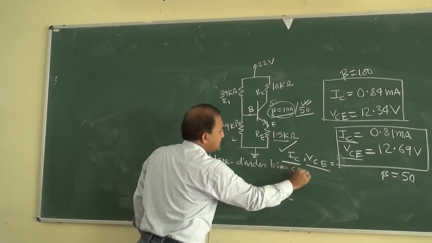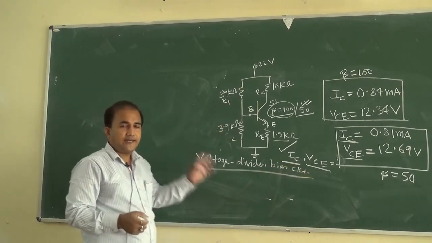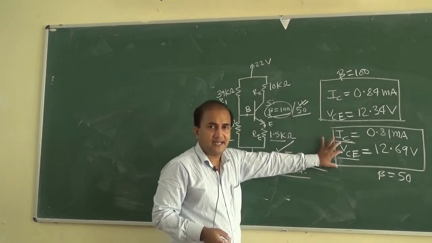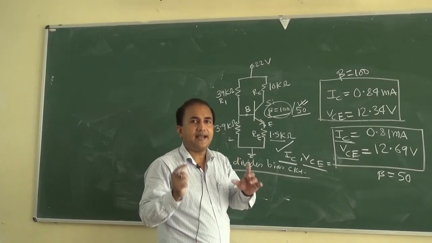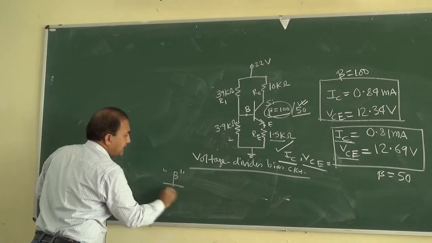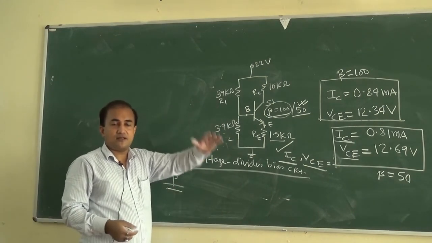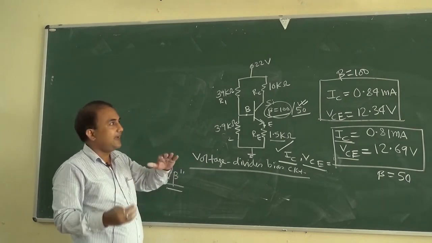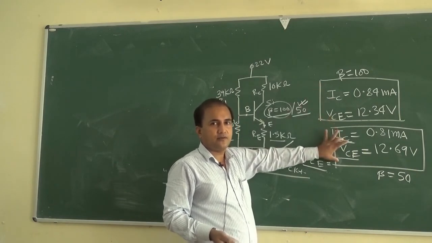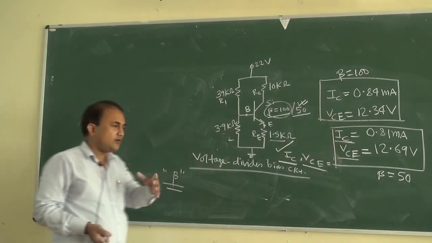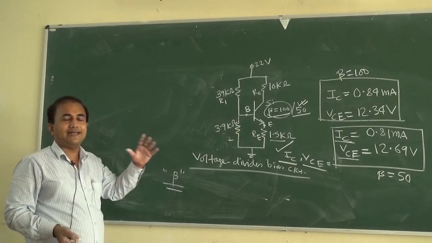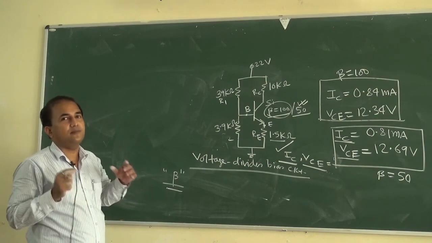So we can conclude that for a voltage divider bias circuit, the operating point, meaning IC and VCE, is almost independent of beta. Here we reduced beta to half, and we see only a very slight change in the operating point.